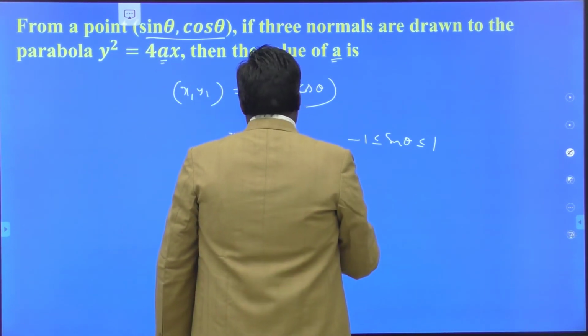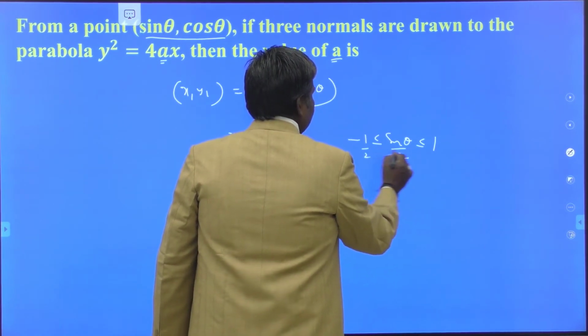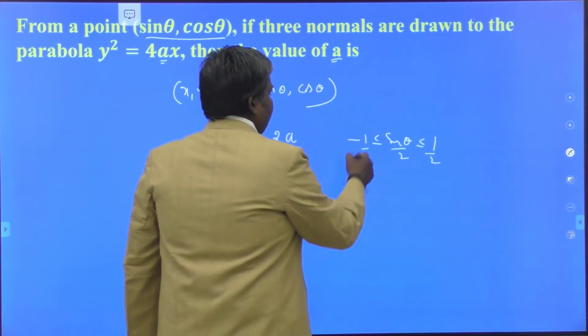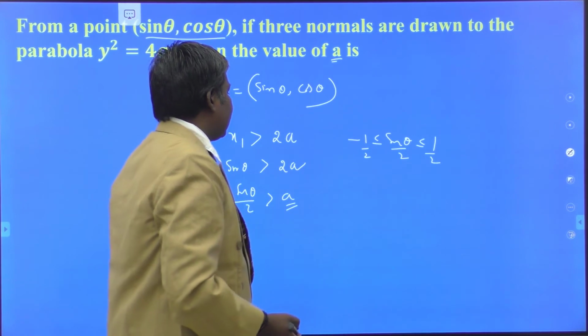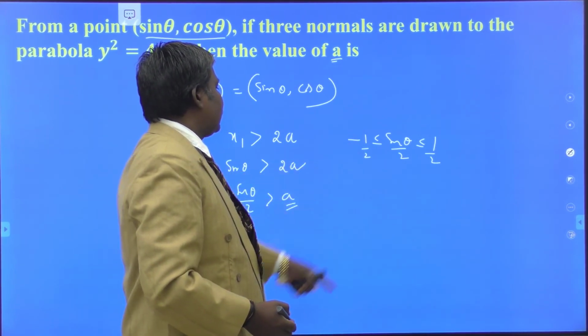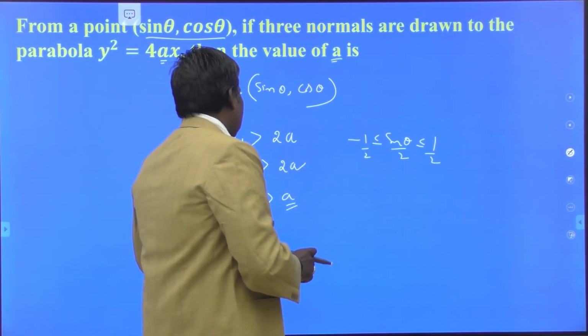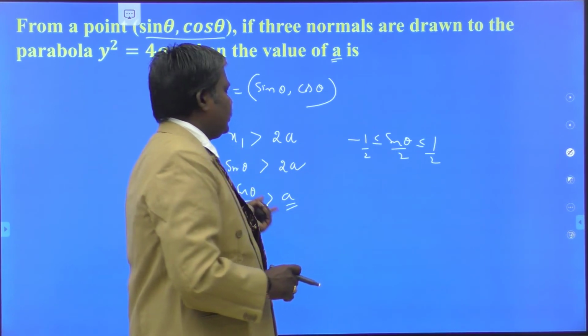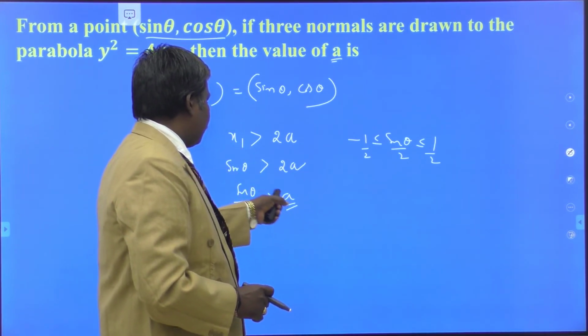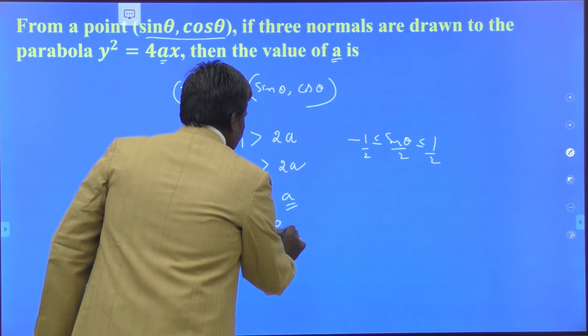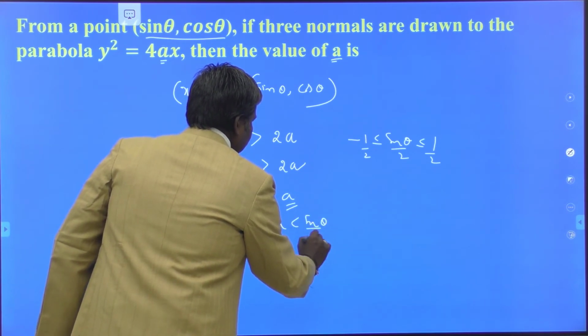So dividing by 2 on both sides, we get minus 1 by 2 less than or equal to sin theta by 2 less than or equal to 1 by 2. Sin theta by 2 should be greater than a. That means a is less than sin theta by 2.